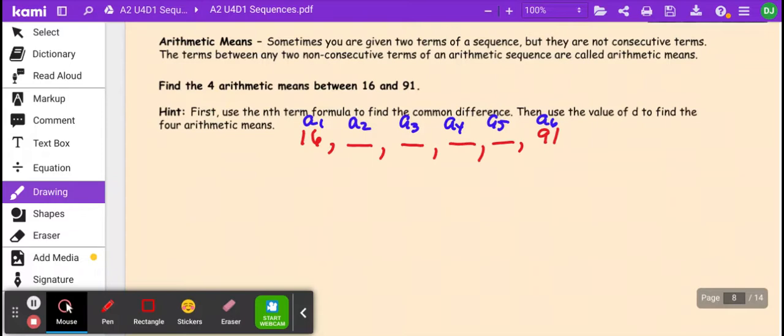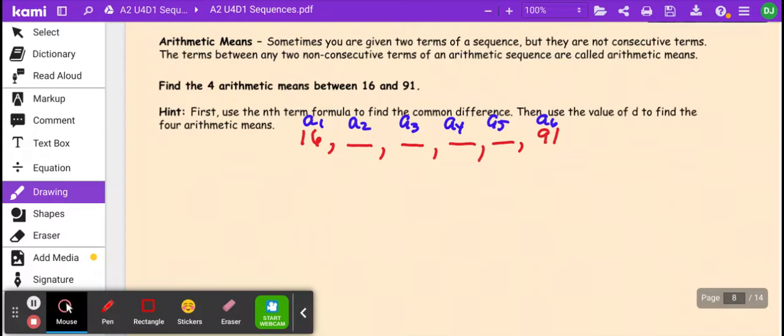But I don't know the common difference. So some of you may be thinking, okay, well, we could use the formula, okay? But you can also do it another way, right? Think about if you know, right, 16 to 91, right? And then think about how many times you would be adding that common difference, right?